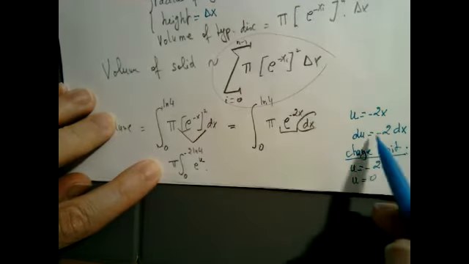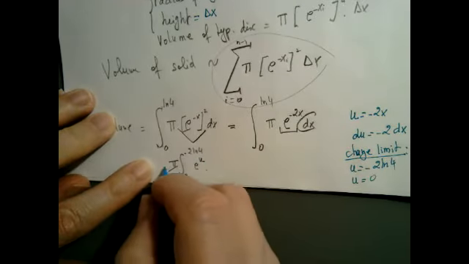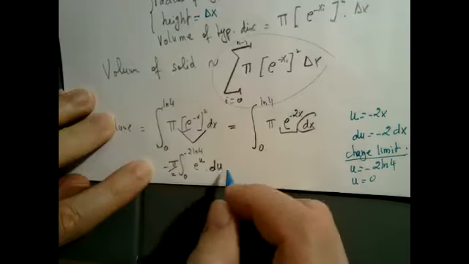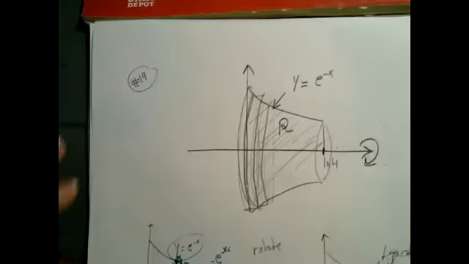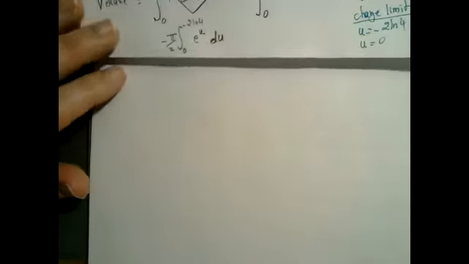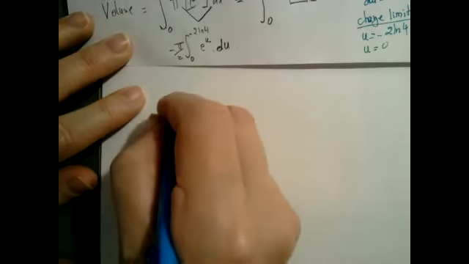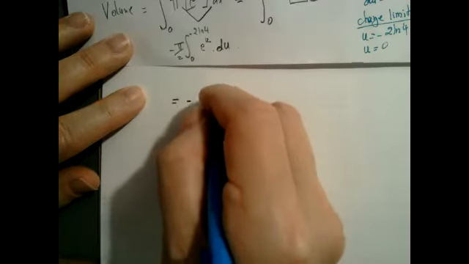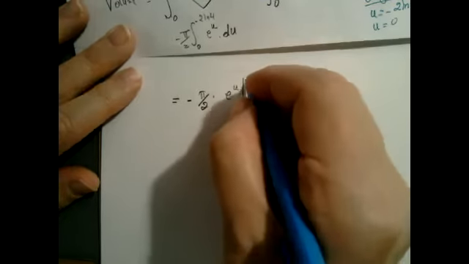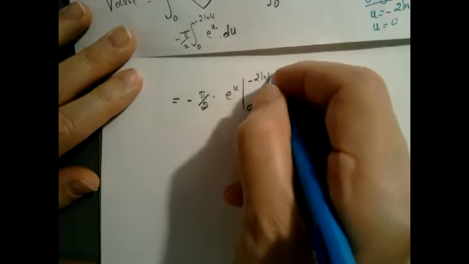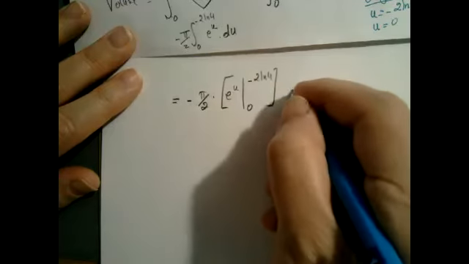And the dx is minus a half du. So we finalize. The final is going to give me minus pi over 2 times e to the u evaluated between 0 and minus 2 ln of 4.